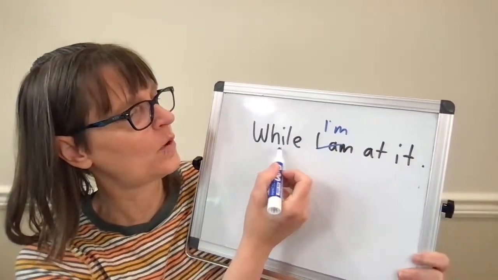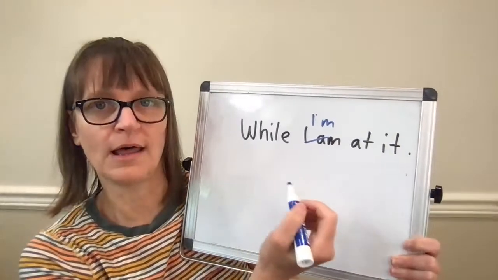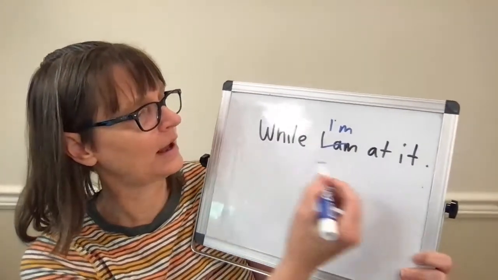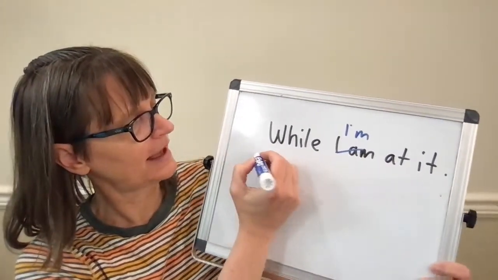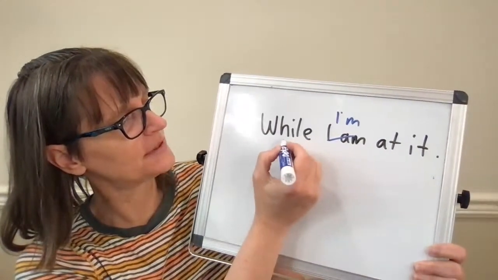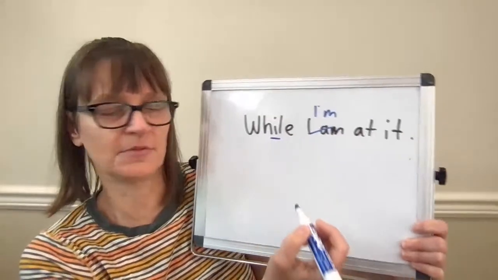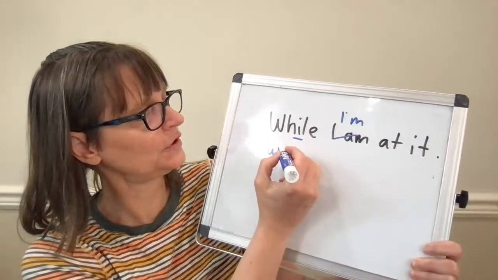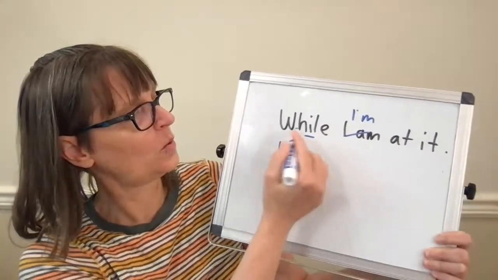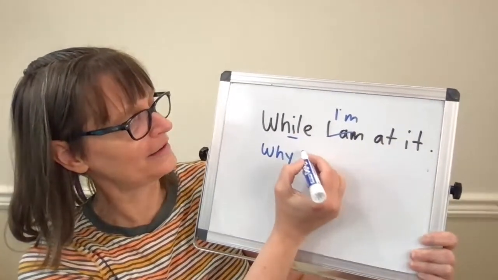So when I go from while to I, while I'm at it, I'm going to link that L sound. So this I is the diphthong I. You can actually think about it like why, while.